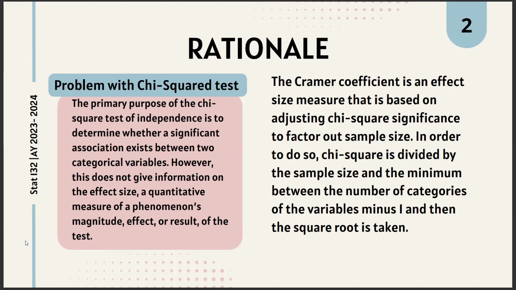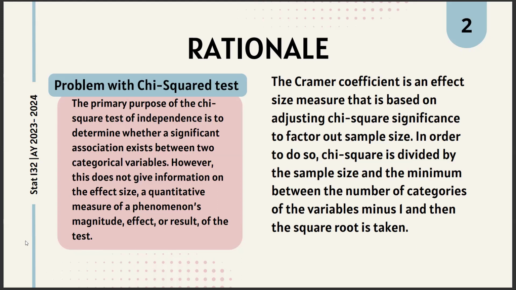On the Kramer coefficient, however, we want to quantify the strength or magnitude of an observed effect. That's why we factor out the sample size. So chi-square is divided by the sample size and the minimum between the number of categories of the variables minus 1, and then the square root is taken.